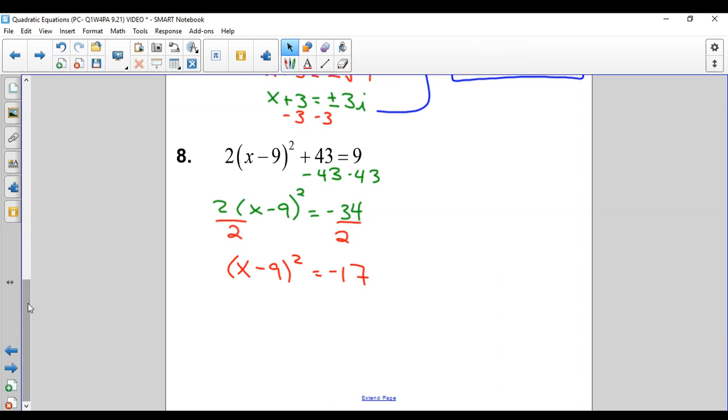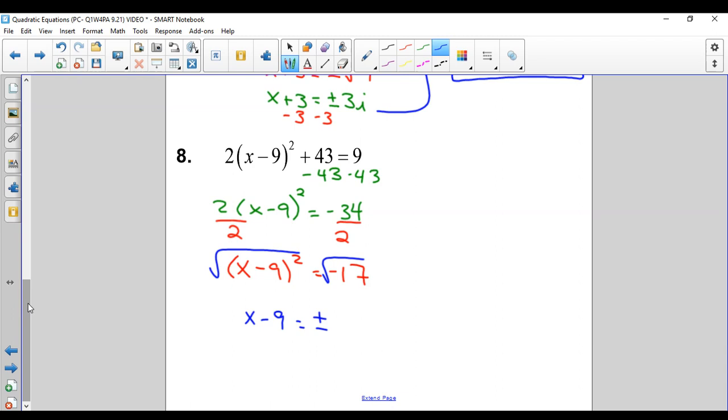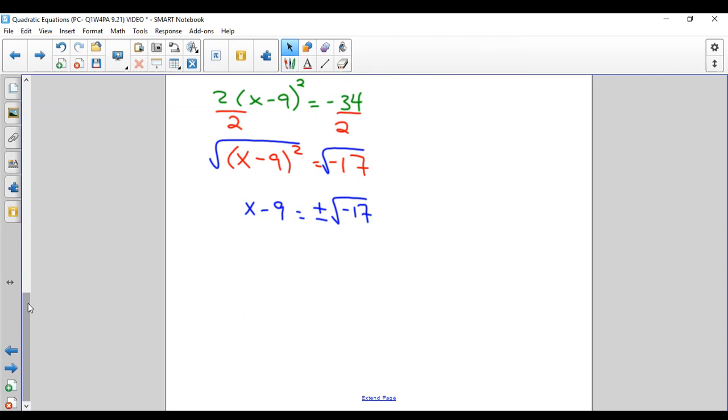Grab that square there. Square root both sides. Now, once again, plus or minus square root of negative 17. Shows a couple steps here. Technically can be broken up into square root of negative 1, square root of 17.